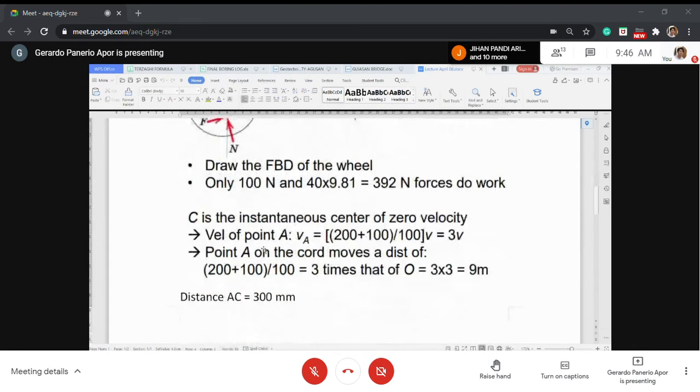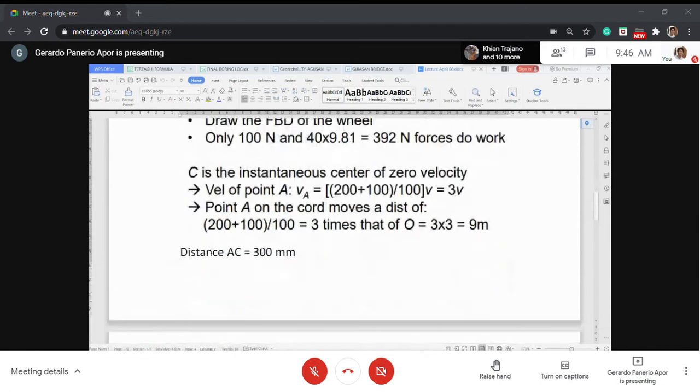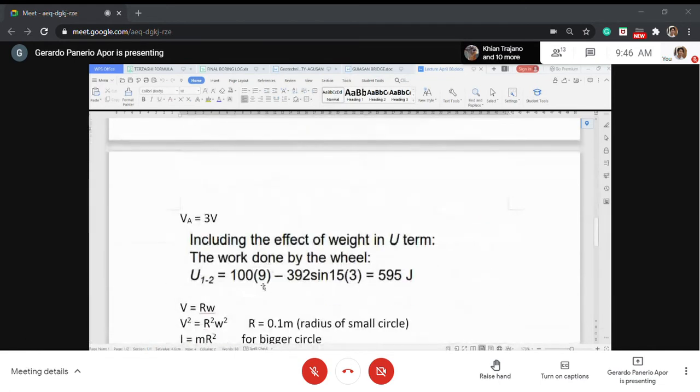In other words, the work done from 1 to 2 is equal to 100 times 9. Okay, this 9.